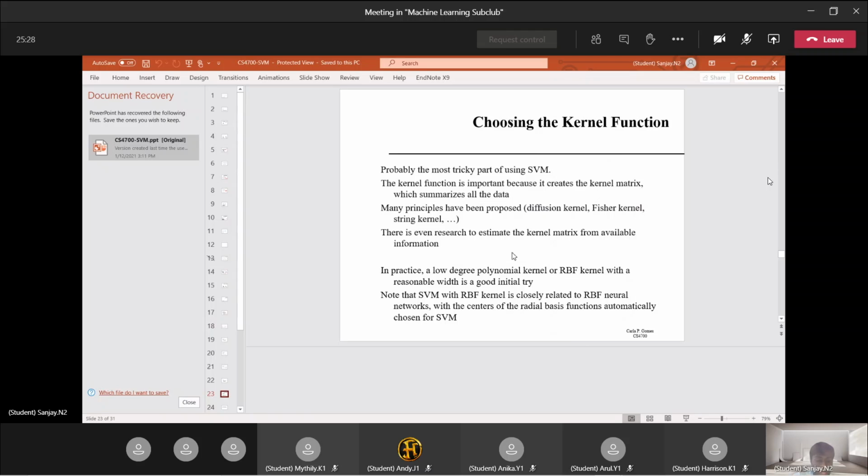And lastly, I just want to end off with this idea that you have to choose the kernel function, which is the function that condenses the data and feeds it into whatever dimension you want. When you're defining an SVM, you have to pick what type of kernel you want to initialize it with.